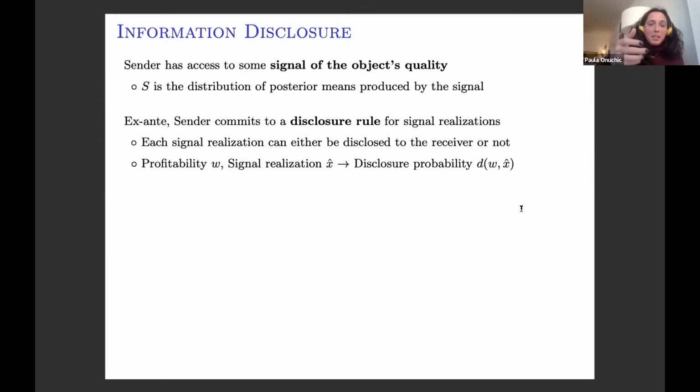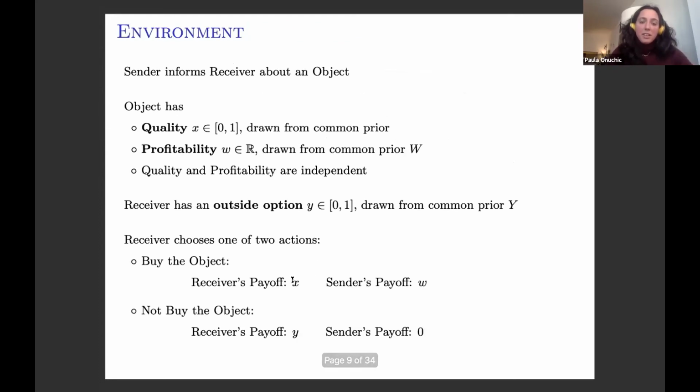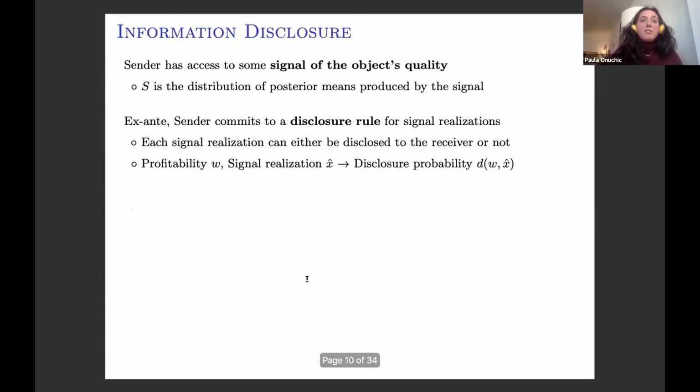Whenever there's a certain realization of the signal, the sender understands what that means in terms of the expected value of the object's quality. In my model the receiver is risk neutral, so all that matters to him is the expected value of the object's quality upon the realization of the signal. So we can describe the signal that the sender has access to as just a distribution of posterior means induced by this signal, and I'm calling this distribution S for signal.